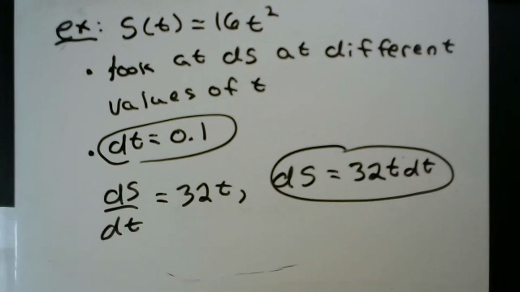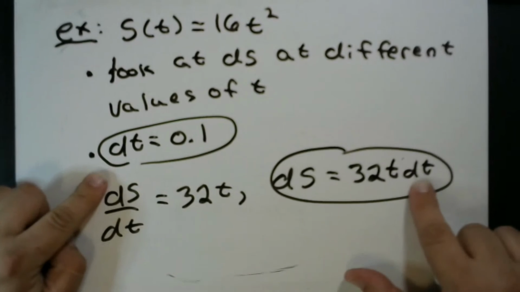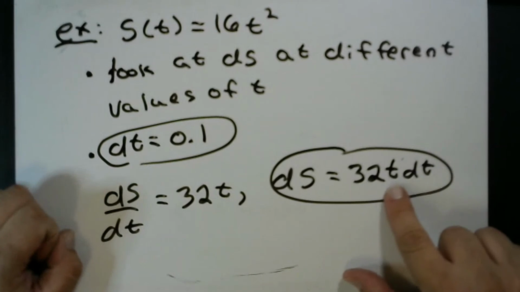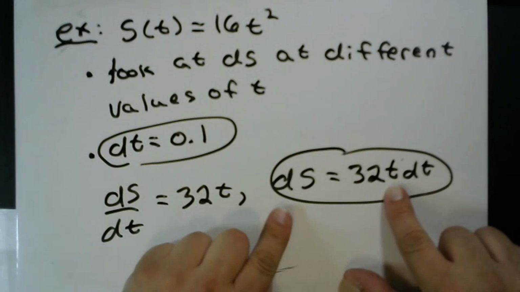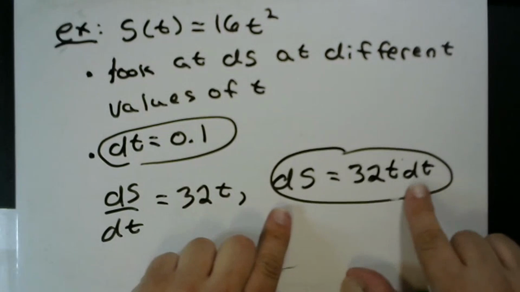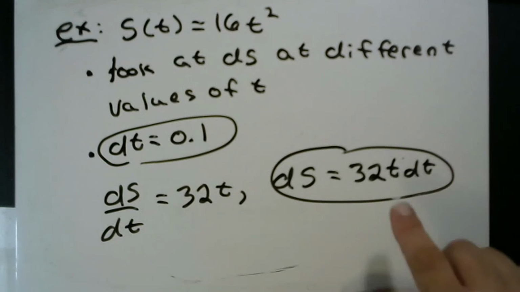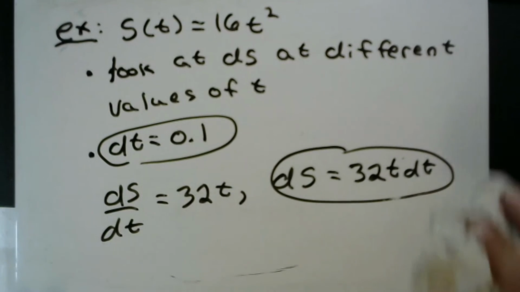So what we're going to do, dt is going to be the same, 0.1, but we're going to vary this. And what we're going to find is ds is going to have very different values depending on what we choose for t. So the choice of t is going to be another source of sensitivity, not just with dt. We can get sensitivity with t also.